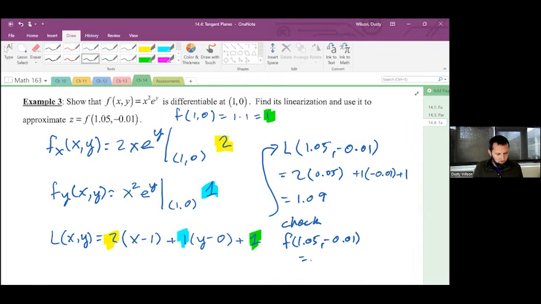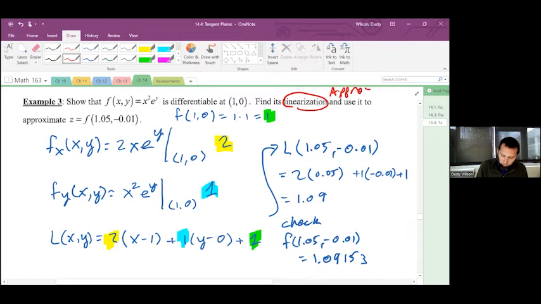And I just have to round because I can't give you the exact number here, but I have 1.09153. And so you can see that the linearization, which is the approximation here, is very close to the exact value, which is down below, or at least exact to 5 decimal places.